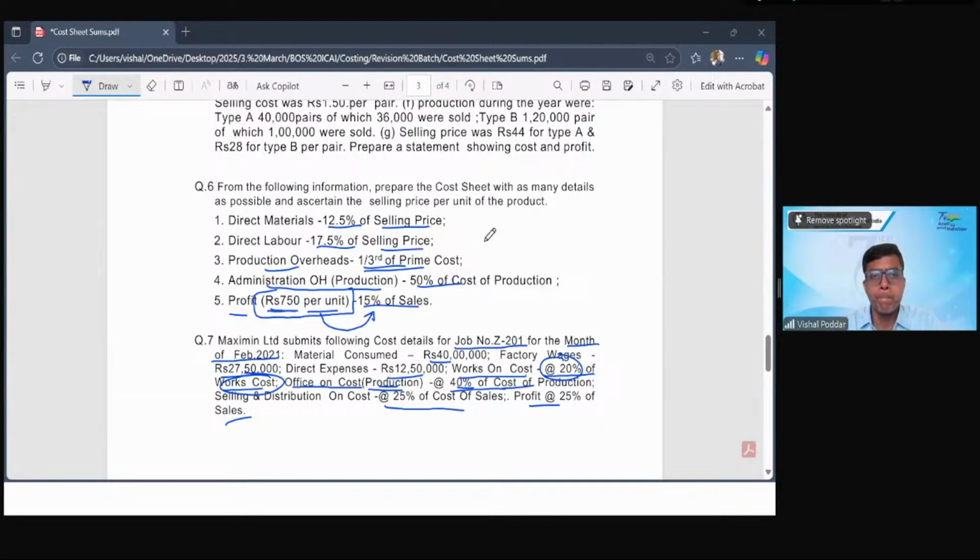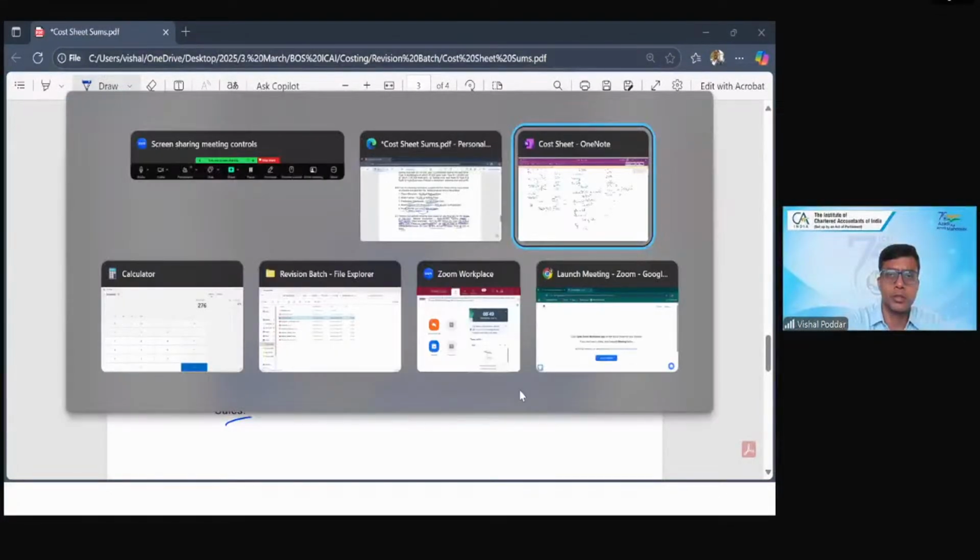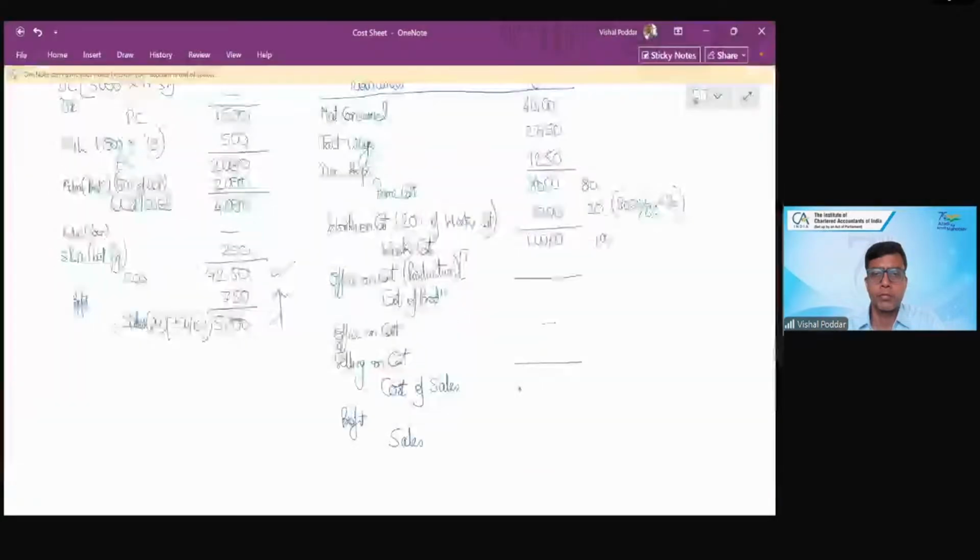Okay. Where were we? Yes. So office on cost is 40% of cost of production. Now again, this is given as 40% of this, right? Again, how to solve?